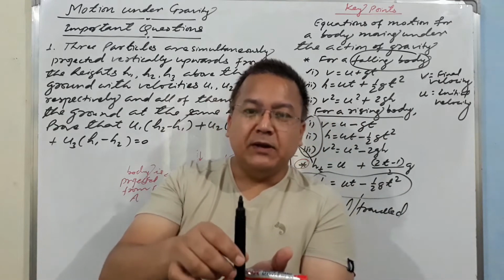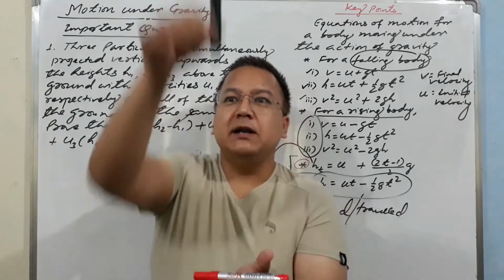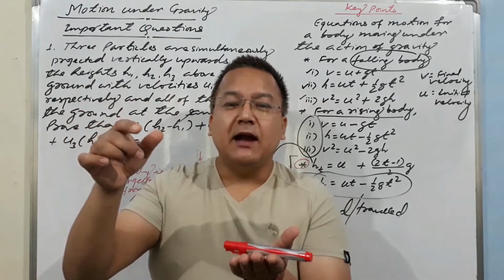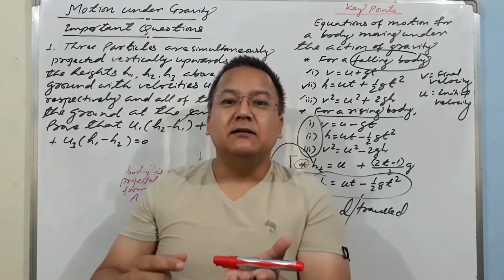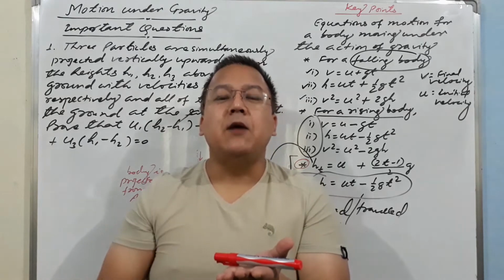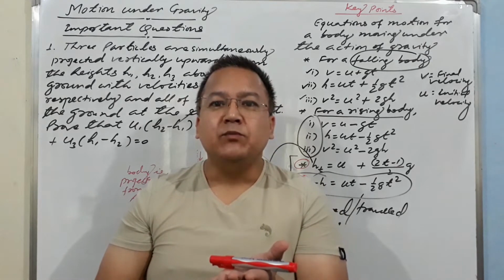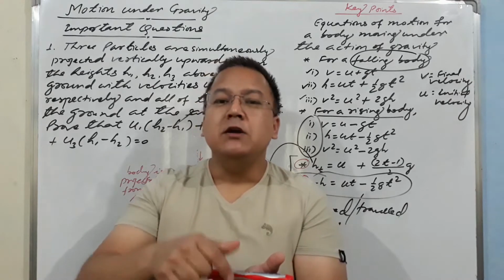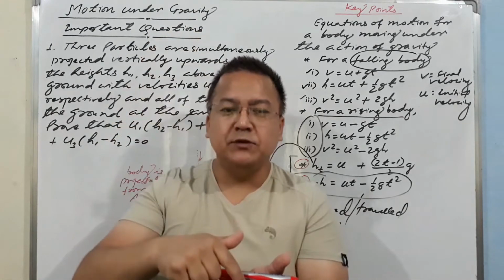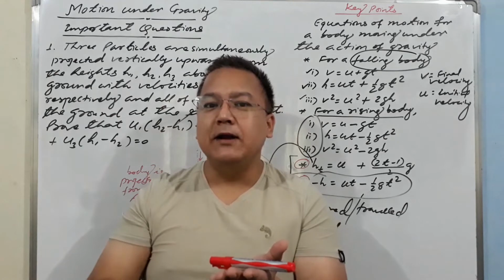But if you throw in the upward direction but it moves downwards, then the particle is finally moving in the opposite direction from the point of projection, because you projected in the upward direction, but now it's going downwards, right?